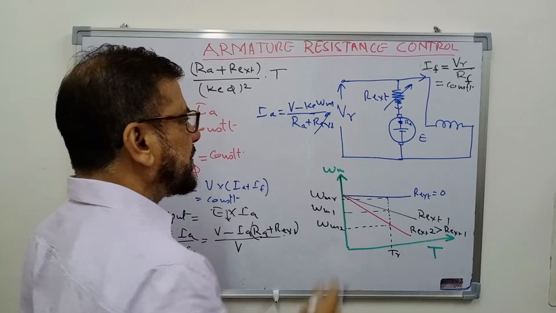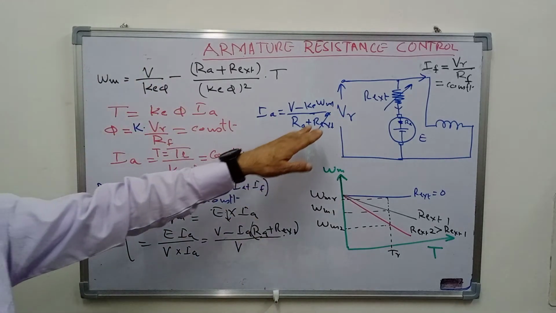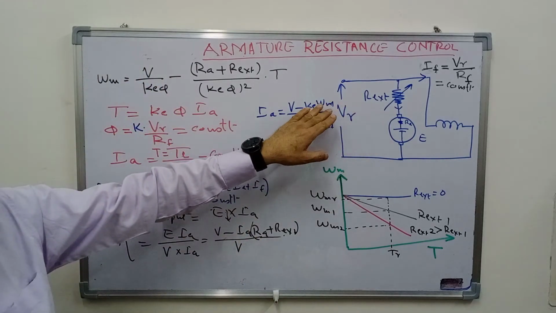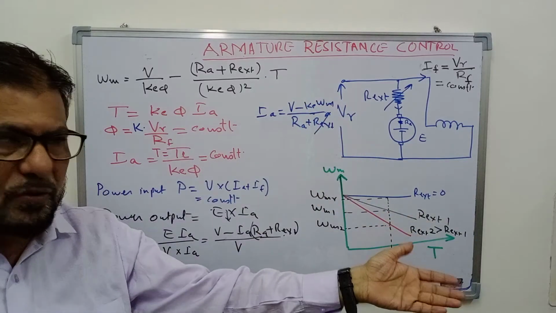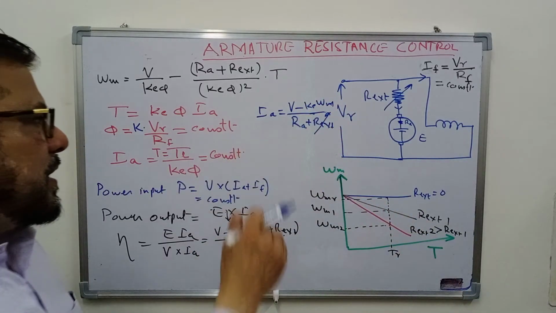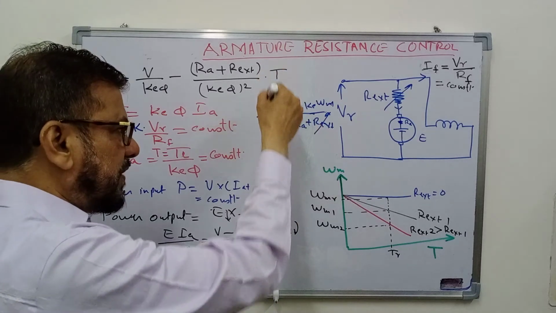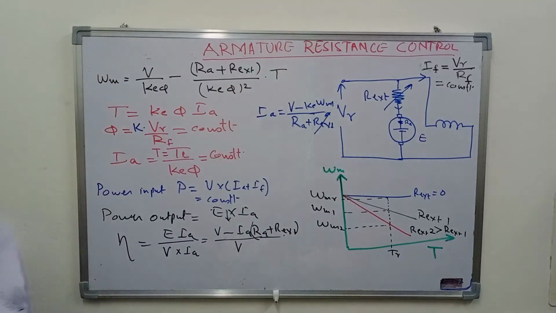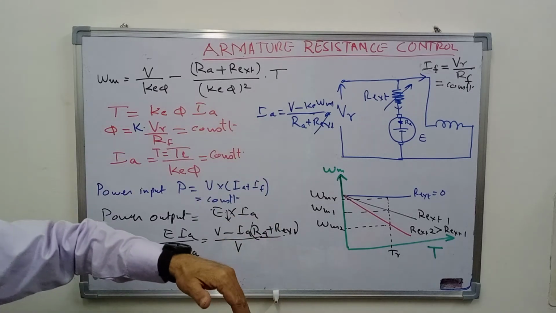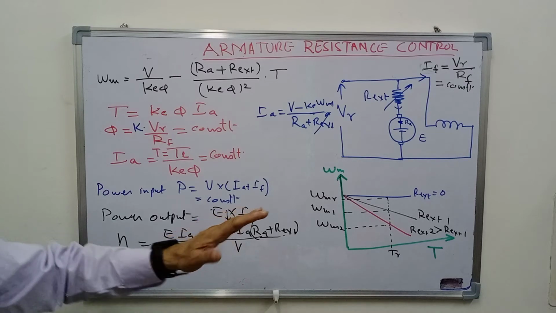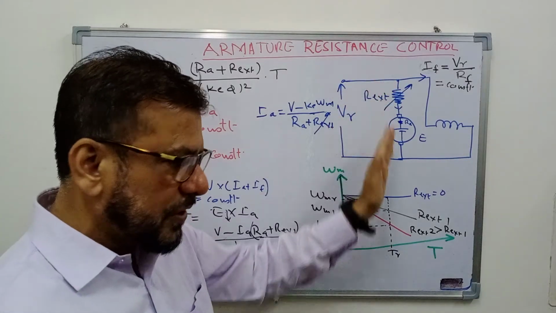So as soon as you increase the resistance, the speed will not change instantaneously because the motor has a high mechanical time constant. So immediately after that the current will reduce, and as the current reduces, the torque will reduce in the beginning, and that will cause the speed of the motor to decrease.